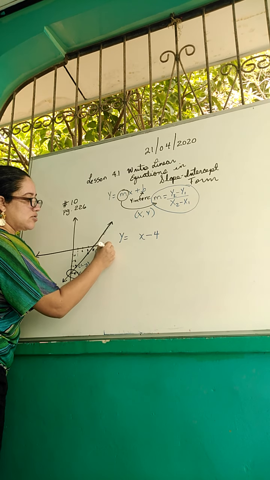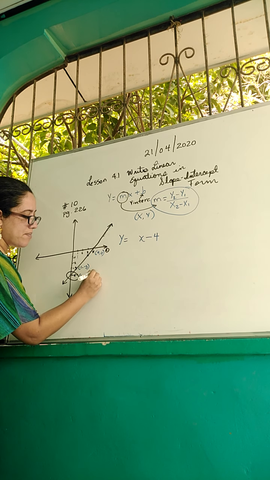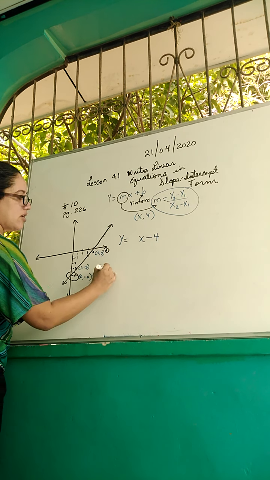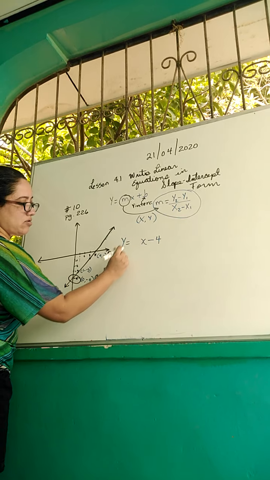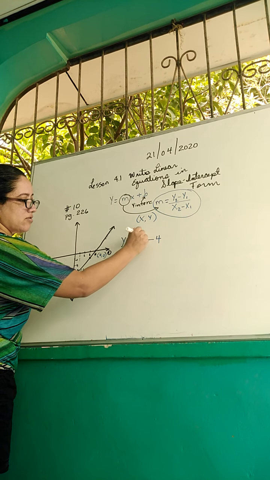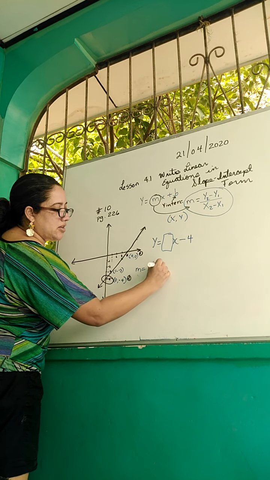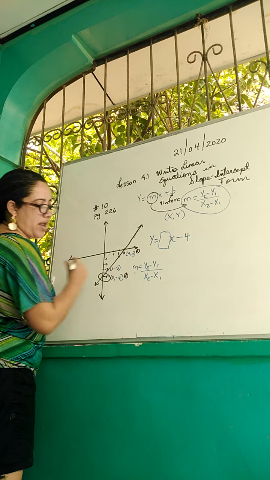So let's use this one. This is point number 1, and this is point number 2. Ahora, let's use the formula. m equals, because this is the one that we want to find out, y2 minus y1 over x2 minus x1.